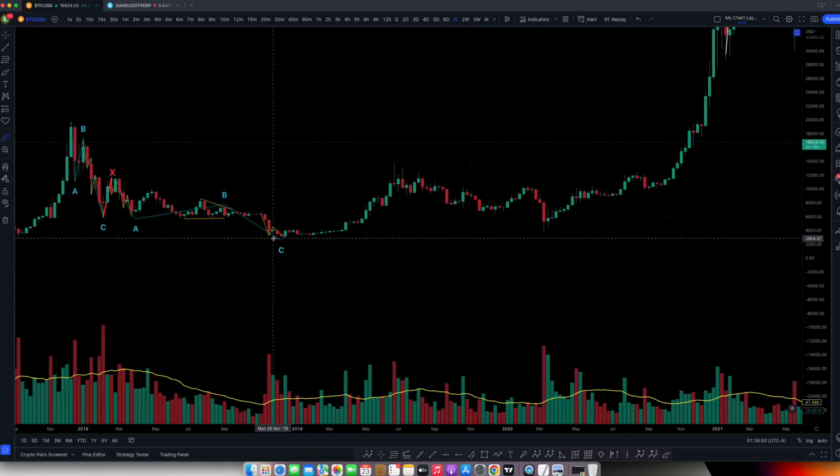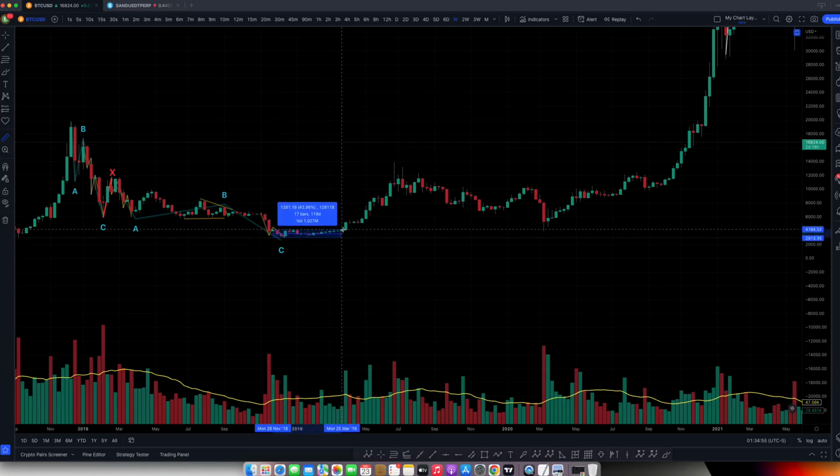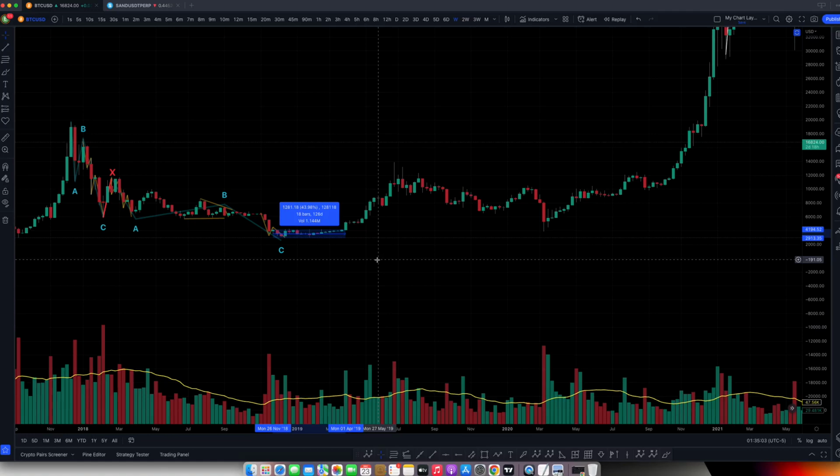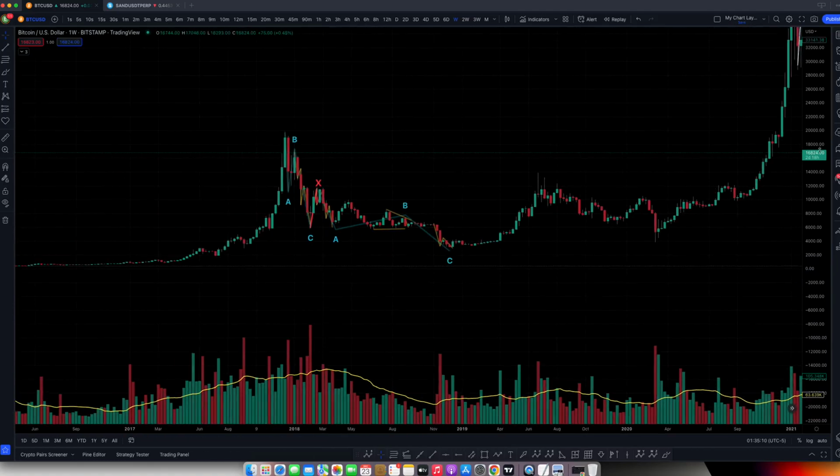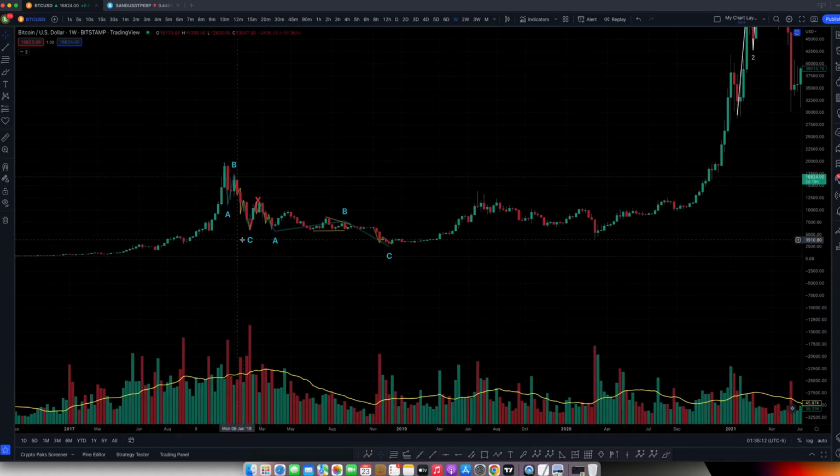This is the weekly chart, remember. If we measure this area, it's almost 130 days, and 130 days is approximately 4.5 months.